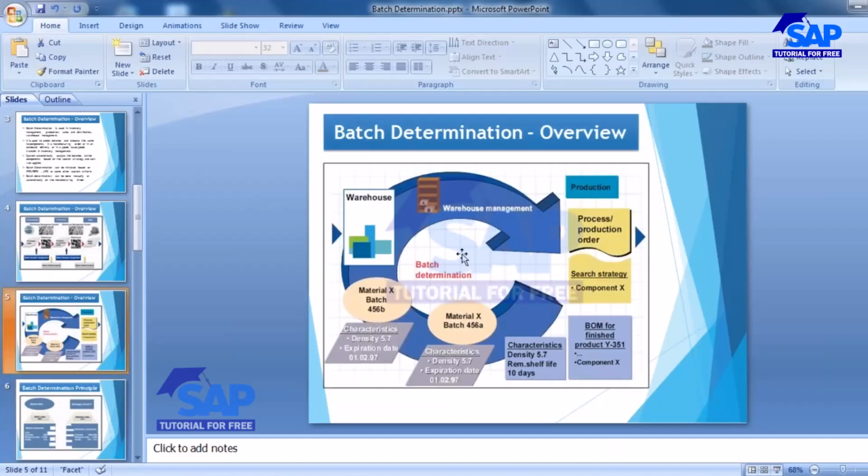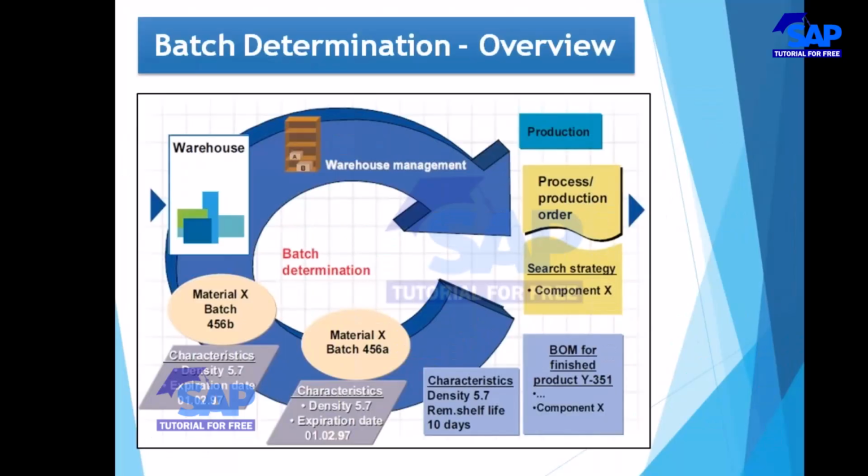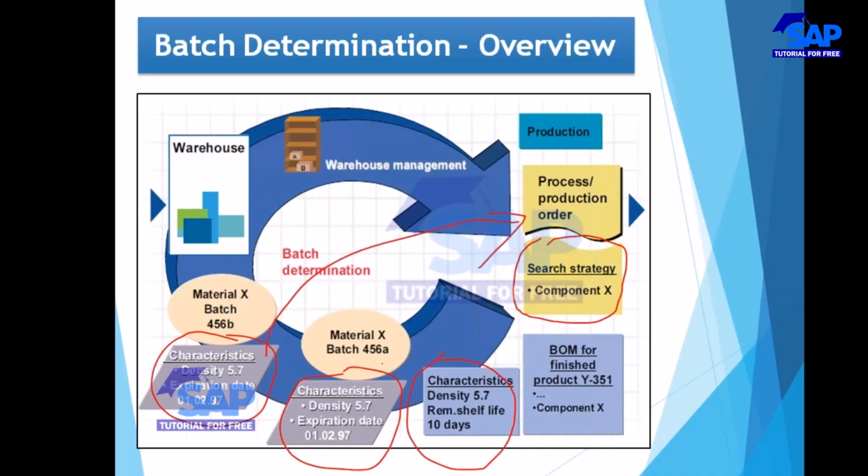Batch determination is done based on certain criteria, so let's discuss what the criteria are. You will create a search strategy in batch determination based on certain characteristics and their values. Your batch will get selected into the order for the components based on those criteria.